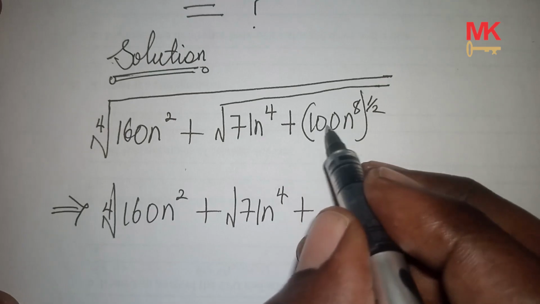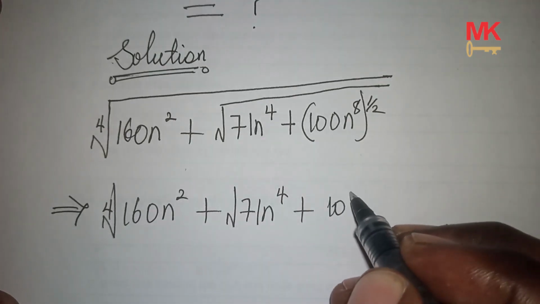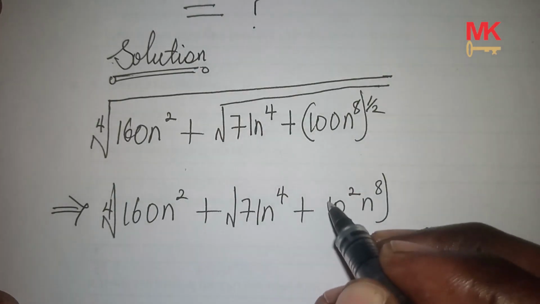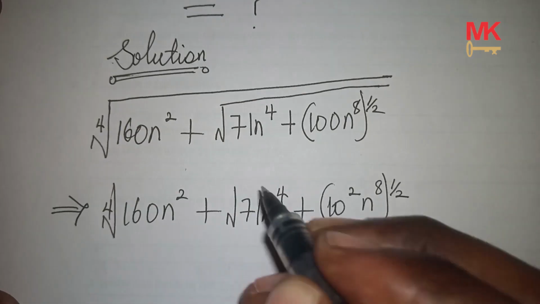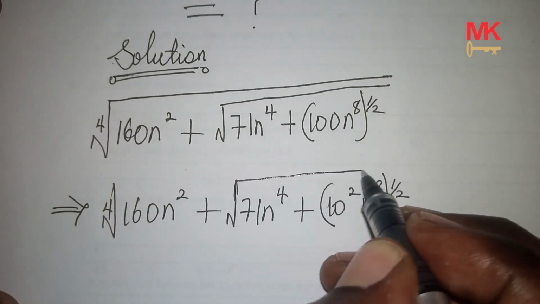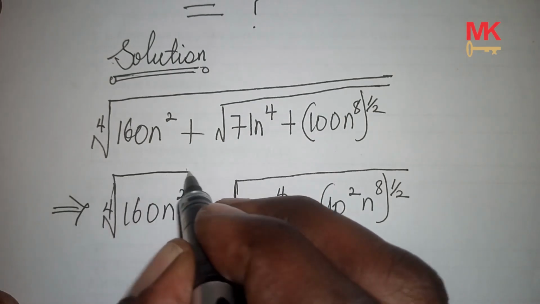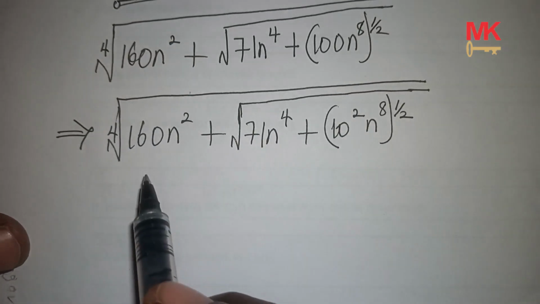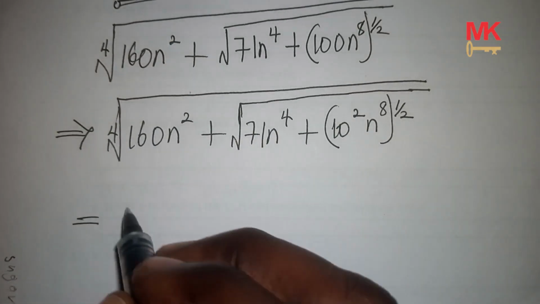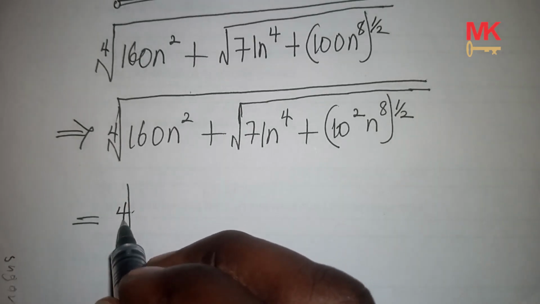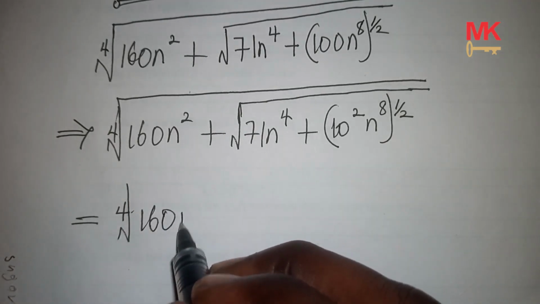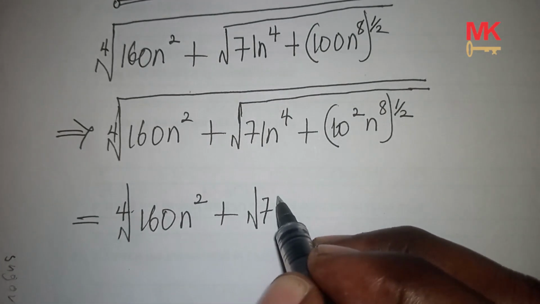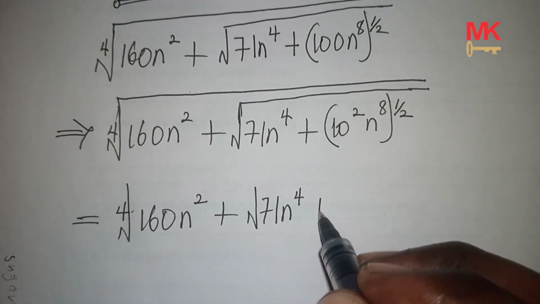So 100 is written as 10 squared, then n raised to power 8 is still there, close our bracket, all raised to power half, then we cover our square root and we cover our fourth root. So from here, we'll still keep the main root. So we have 160n squared plus the square root of 71n raised to power 4 plus.